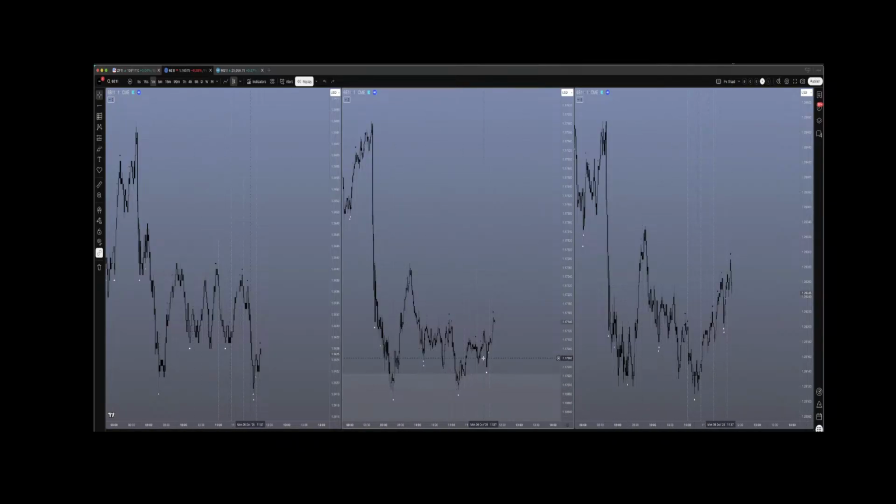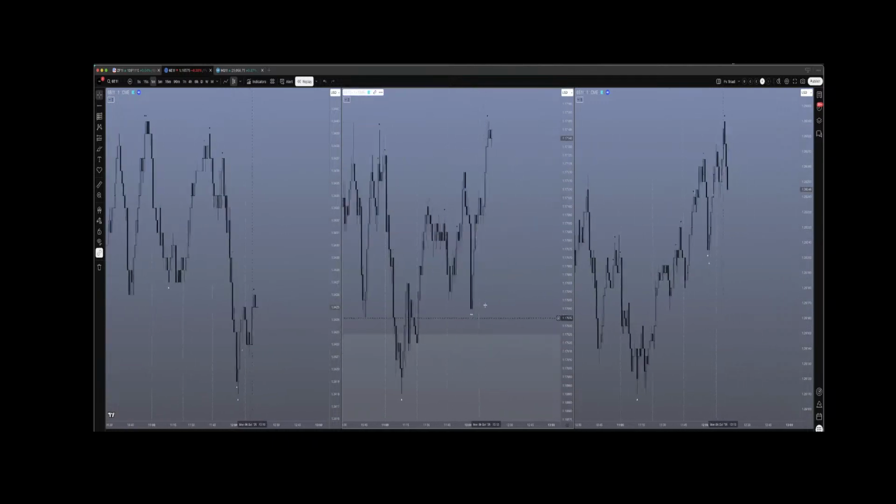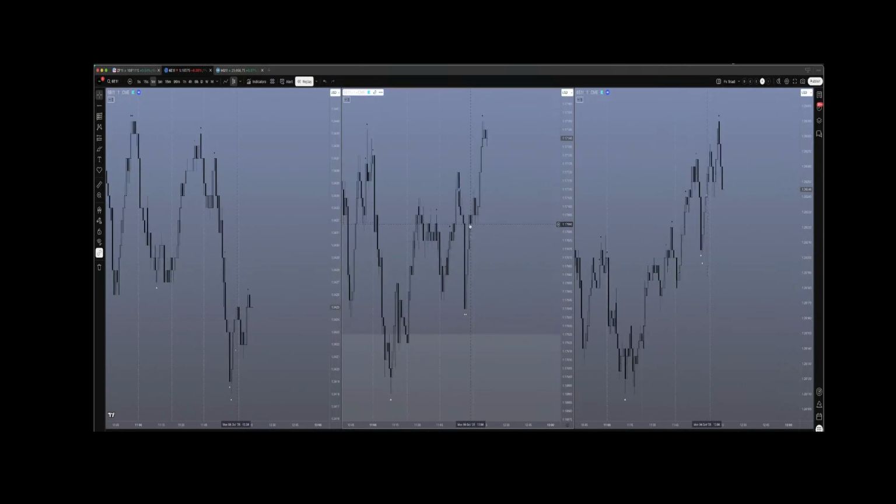And the 1 hour here, it didn't give us an entry. That's a massive inversion. If that was the 15 seconds, it'd be a bit different, right? But it's a 1 minute. The stop loss is massive.